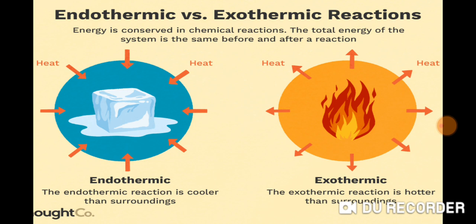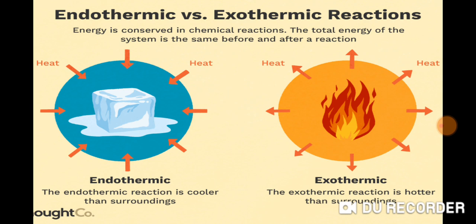When any reaction takes place, it involves the use of heat or energy. In some reactions, energy is conserved, and you know that energy can neither be created nor destroyed, but it transforms from one position to another.